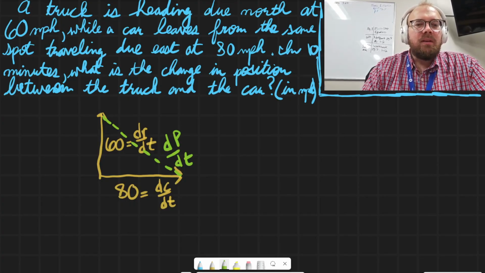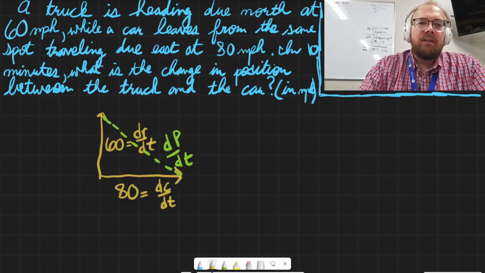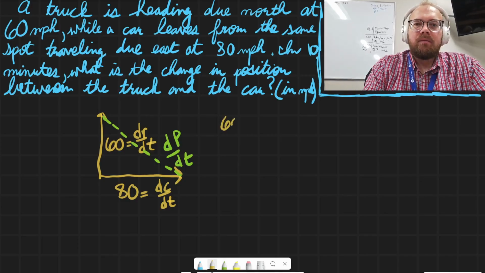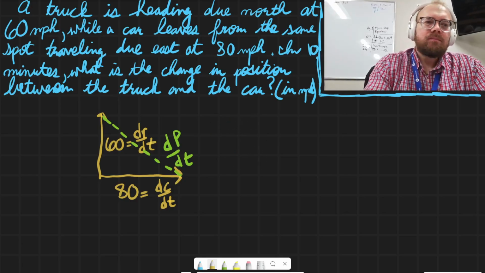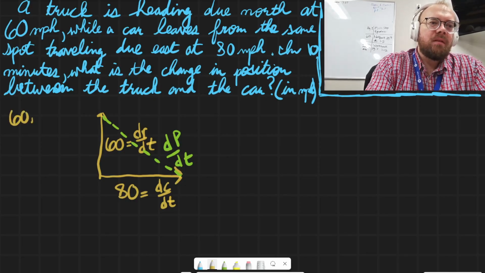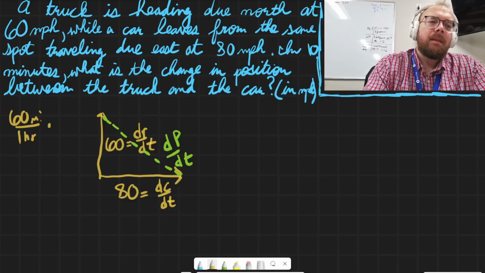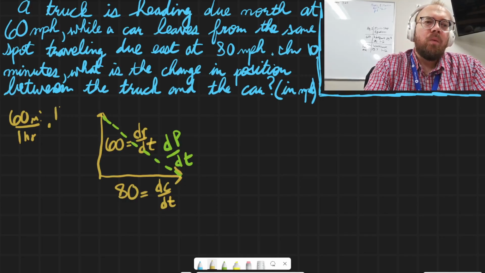Okay, so if we're going at 60 miles per hour, that's 60 miles in 1 hour. If we want to know how far we're traveling in minutes, we need to convert to minutes. 1 hour is 60 minutes, right?